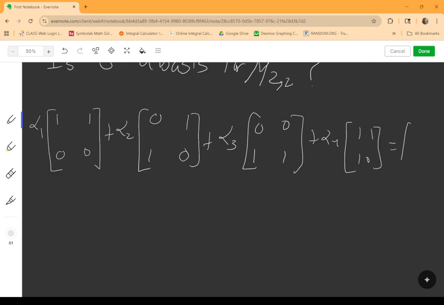And can I write this for any A, B, C, D, right? Any constants A, B, C, and D. So any 2x2 matrix.